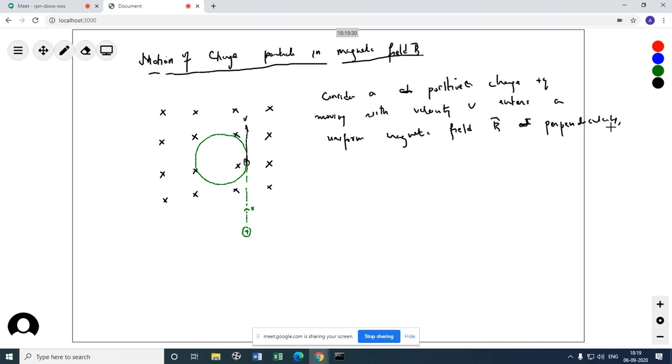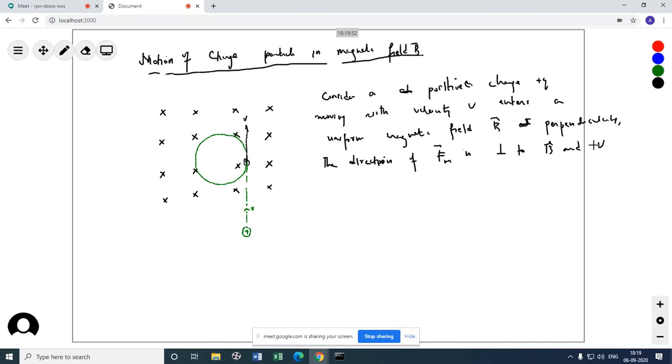As it enters perpendicularly, what do you see? We can see the direction of the Lorentz force, Fm, is perpendicular to B and V.